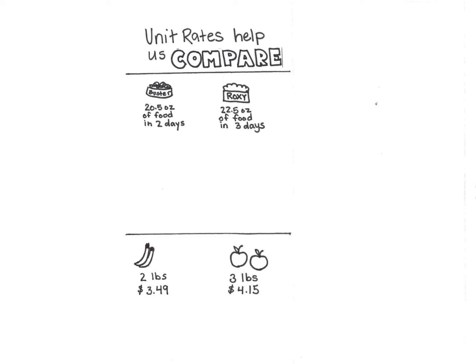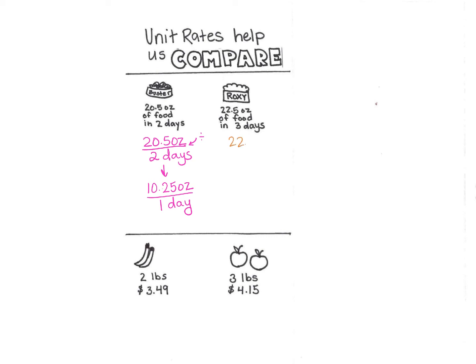So for Buster, we can set up 20.5 ounces. Here's our rate per. Notice how I'm using the word per, 2 days. And then in my calculator, I can divide this out, 20.5 divided by 2. And when I do that, I get 10.25 ounces, and this is going to be per 1 day.